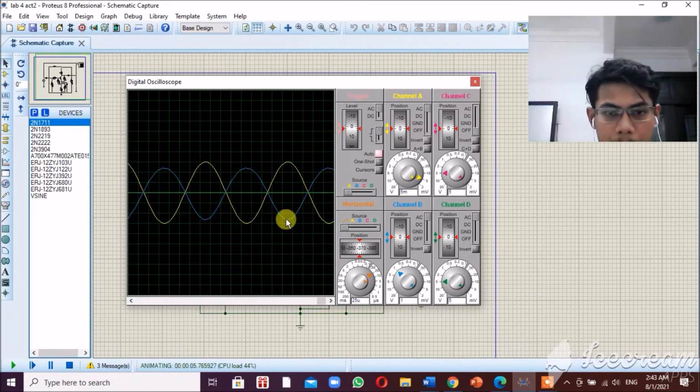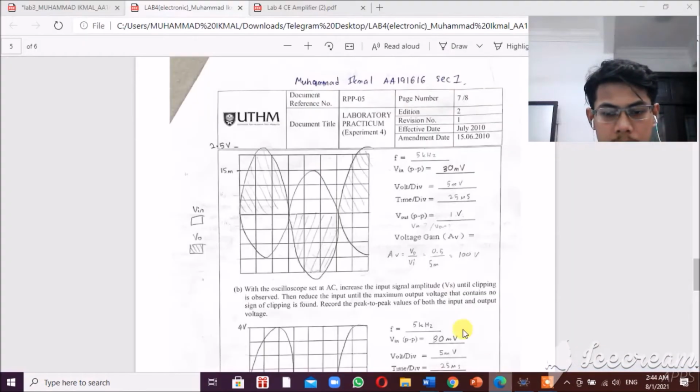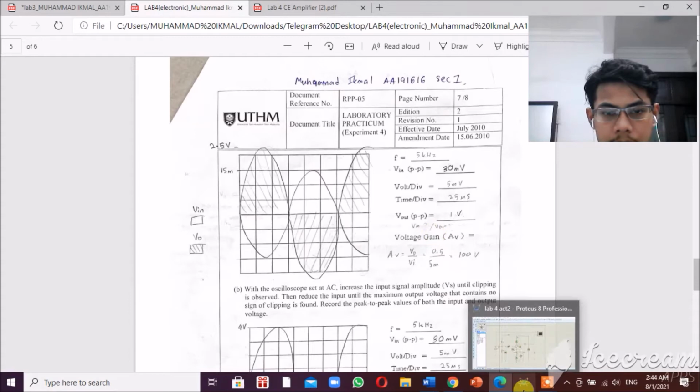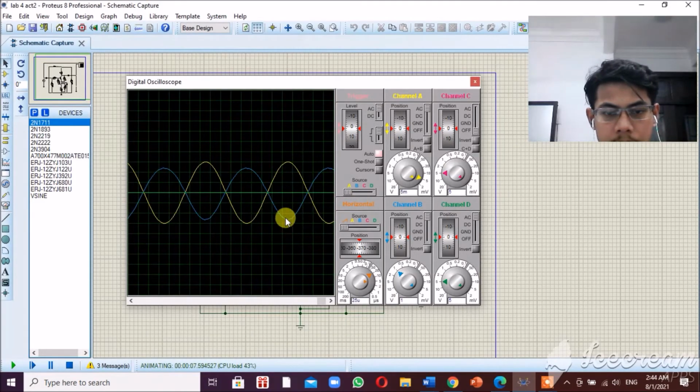The blue sine wave is the output voltage, and the yellow sine wave is the input voltage, and I use 5 millivolt for each box for the yellow sine wave, and 1 volt for the blue sine wave.